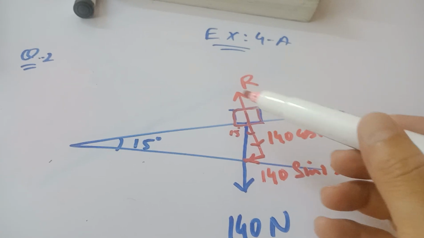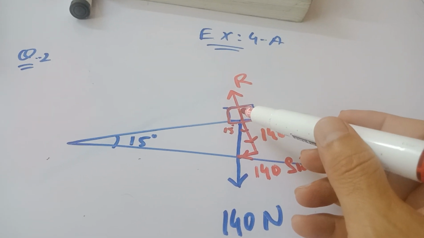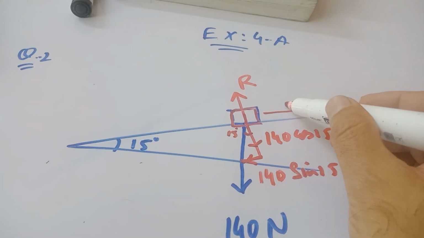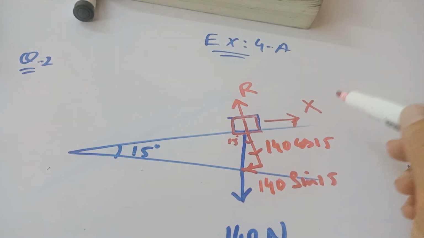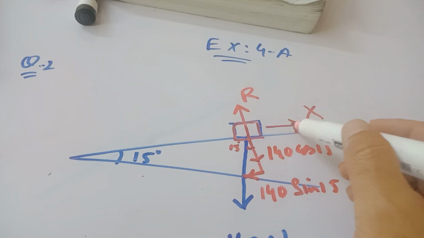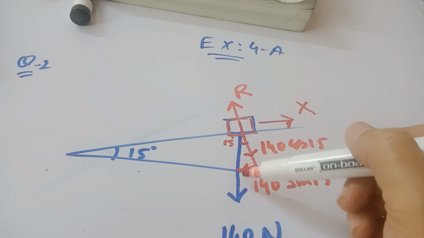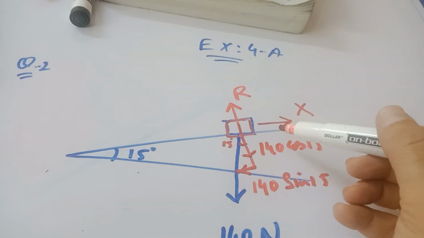So which force is actually stopping this right now? Yes, that is the frictional force which would be acting in this way. Let me denote it as X. So there is an upward force which is going to act against the direction of this component of weight which is parallel to this inclined surface.